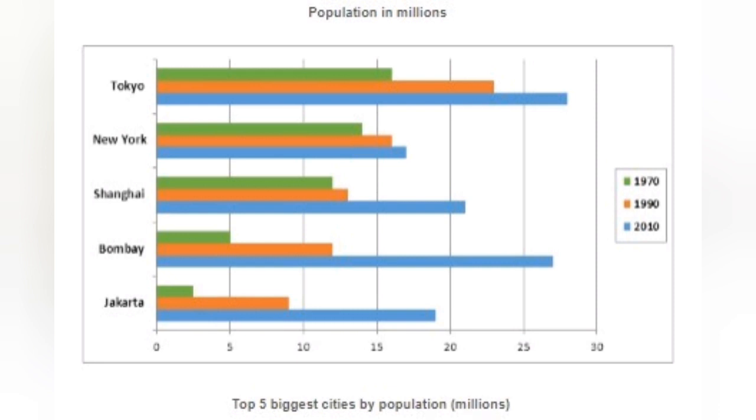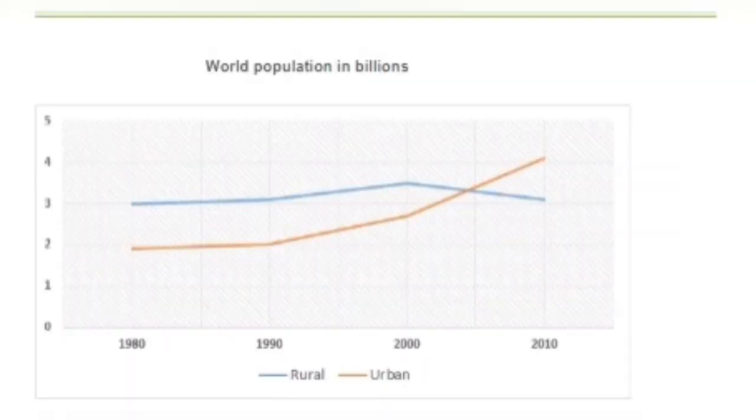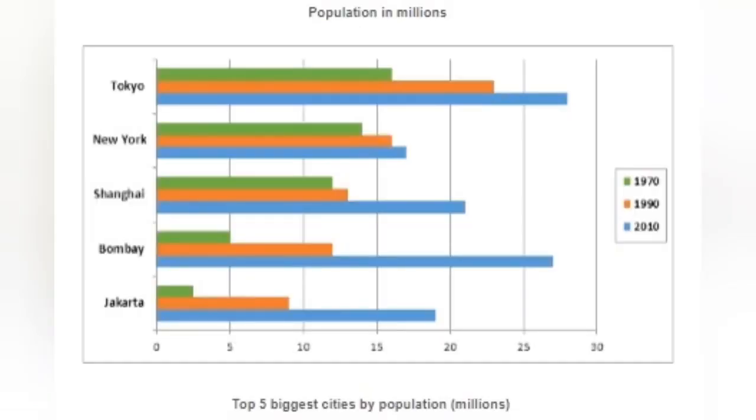And when you have an idea about the line graph, when you prepare a question, I always recommend you note down the figures that you find extremely interesting. For example, Bombay, the red color, if you look at, you can see in 1990 the figure was approximately some 12.5, and it has shot up. I mean, the number has gone in such a way that it reached approximately 27. It's more than double.